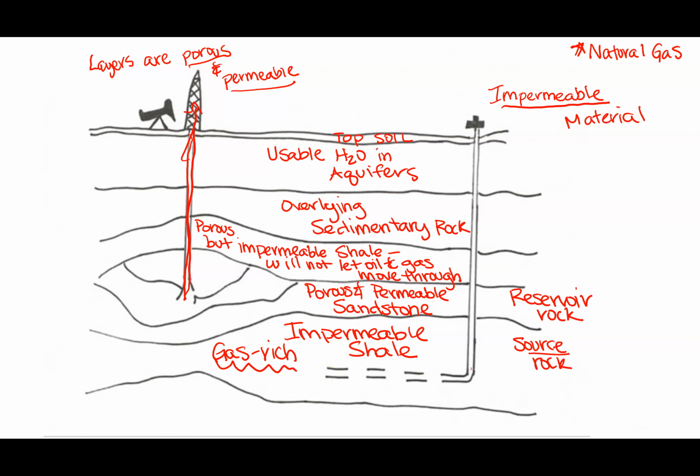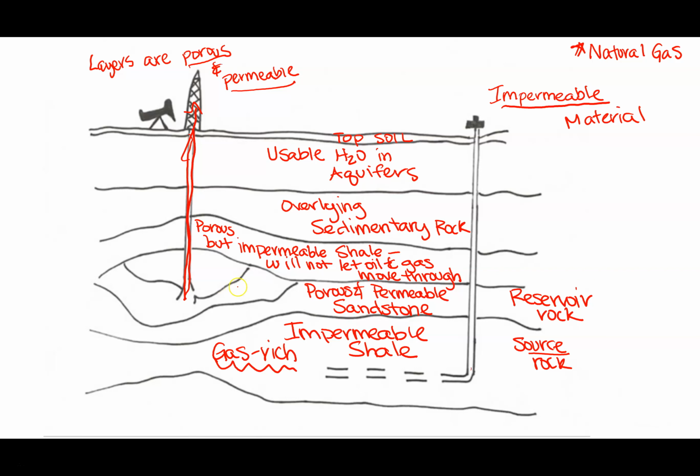Source. Okay? It's moving up. The reservoir rock is where everything is staying. All right? So that's where everything is stopped, and that's where it's being held. So it's our reservoir. It's where we drill into and we suck it up.